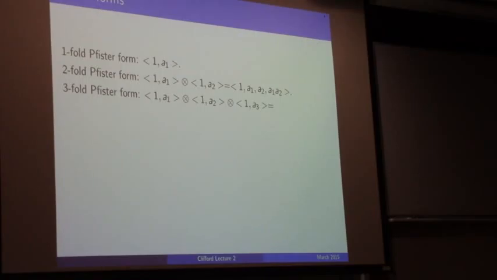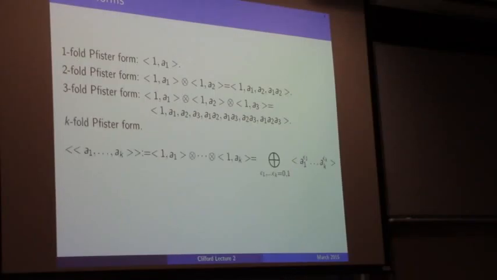And the three-fold Pfister form is a tensor product of three of those. And the k-fold Pfister form is this kind of form, and it has dimension 2 to the k. And it lies in the kth power of the fundamental ideal by definition.